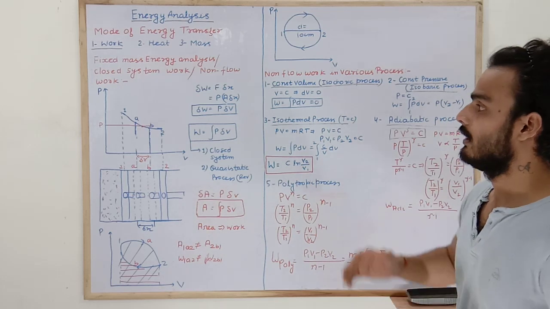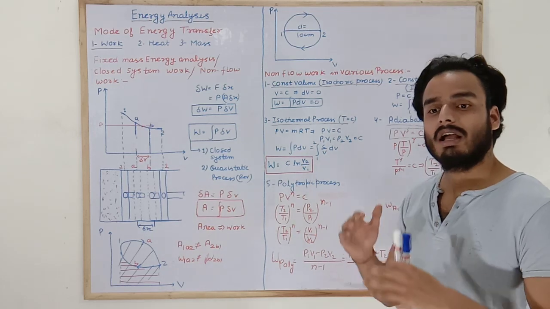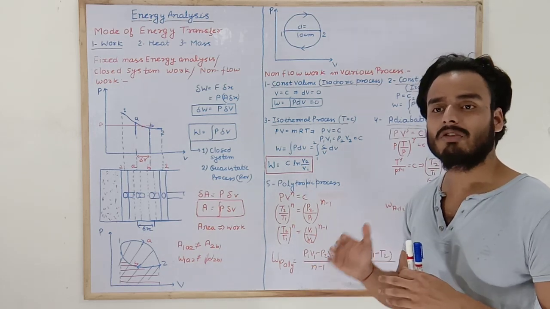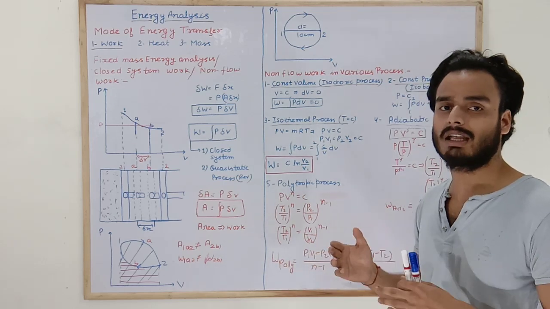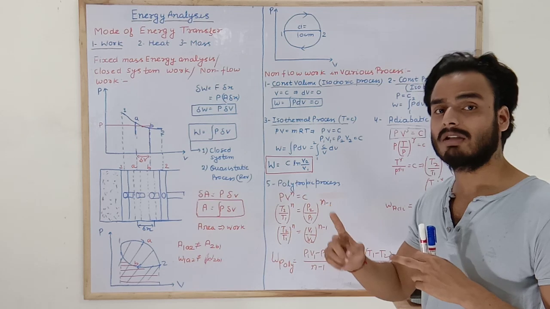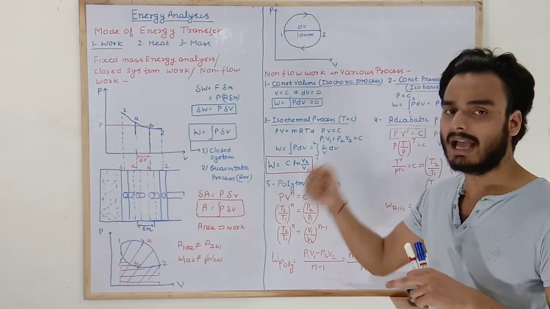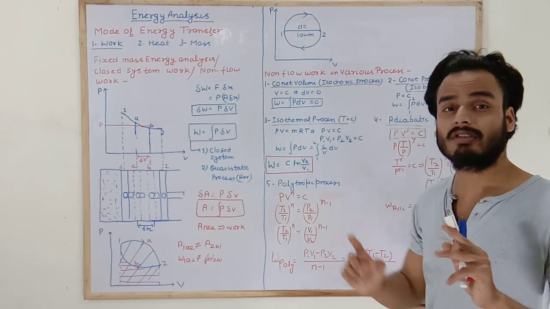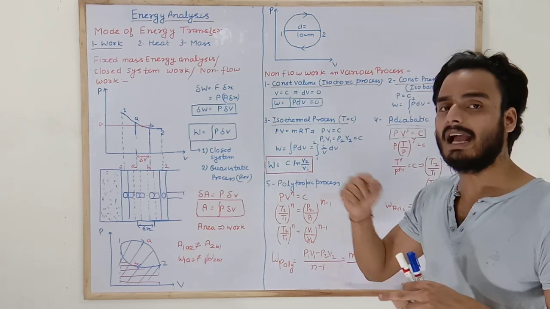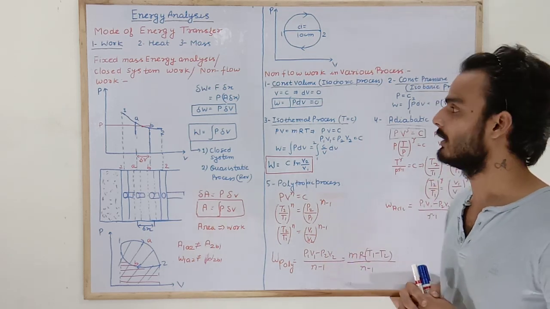So look here. My sign convention is if work is done by the system, we will take it positive. If work is done on the system, we will take it negative. Heat rejected by the system, we will take negative, and heat added to the system, we will take positive.